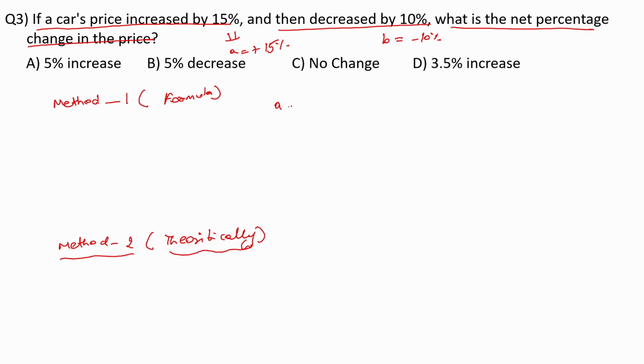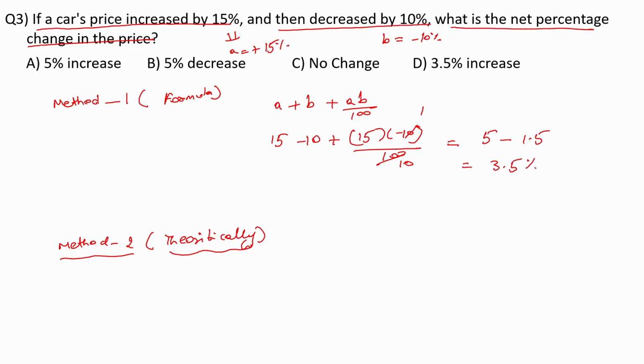So the formula says A plus B plus AB upon 100. The value of A is 15 and the value of B is minus 10, and AB is 15 into minus 10 upon 100. So this gives me 5 minus 1.5. That would fetch me 3.5%. As the resultant value is positive, I can say that the net percentage change is a 3.5% increase. So it would be option D.